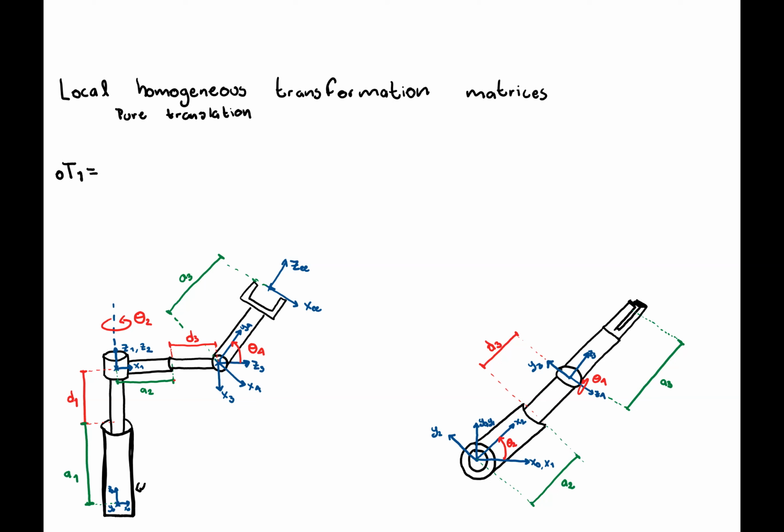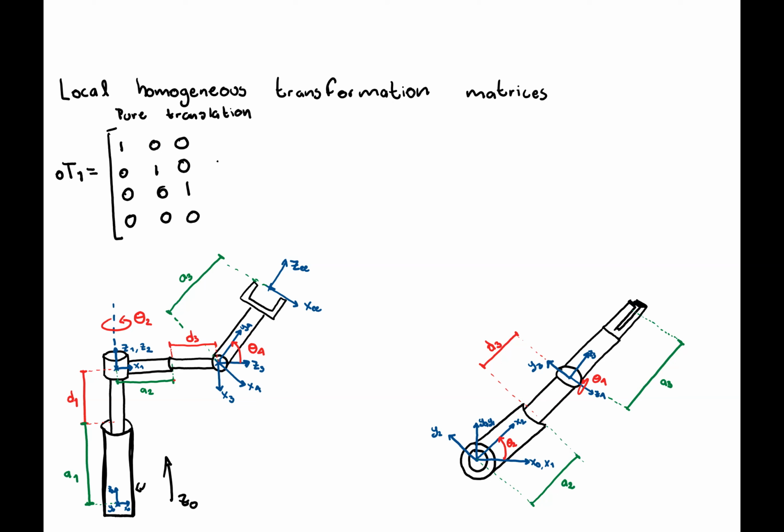So let's start. We know that it's a pure translation. So if it's a pure translation, we have identity in the rotational part. Then we already know that the 3 elements in the bottom are 0. So I'm already putting this. And then we are displacing along our Z axis here, the axis of motion of the joint. So this is Z0.